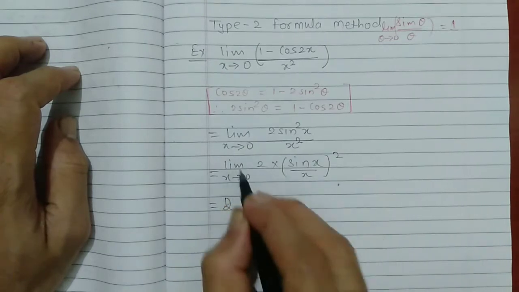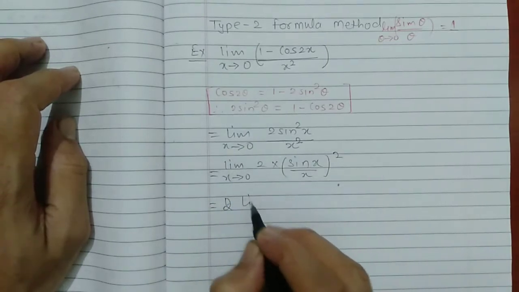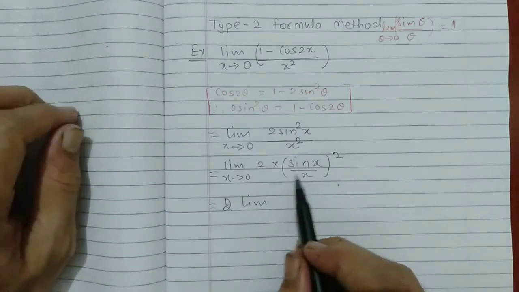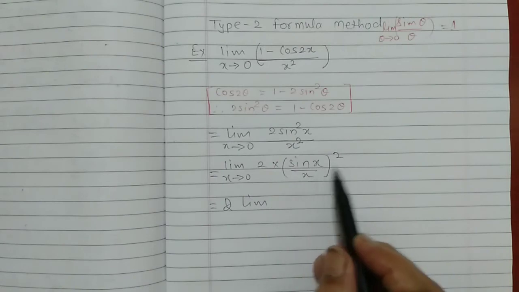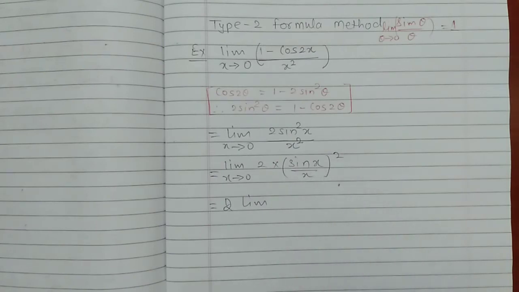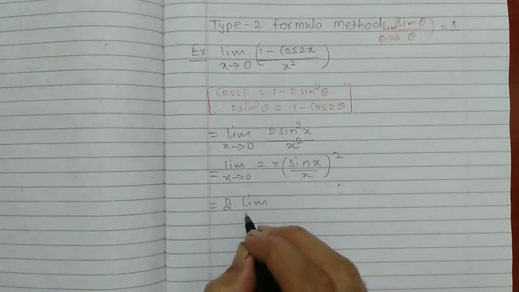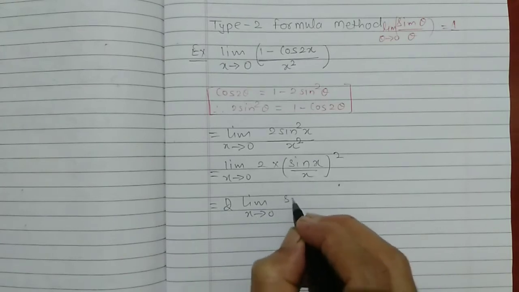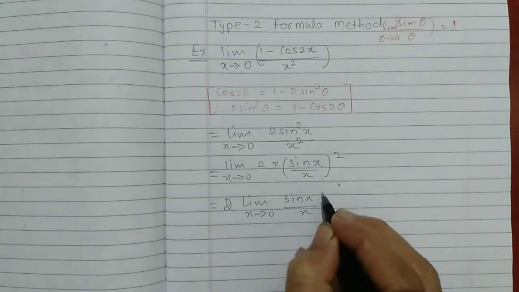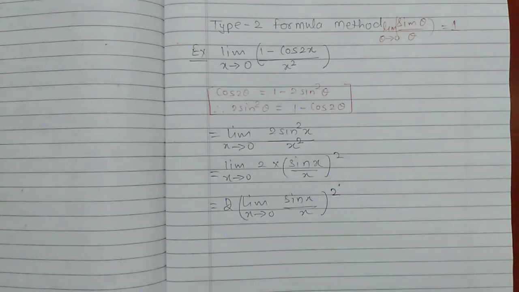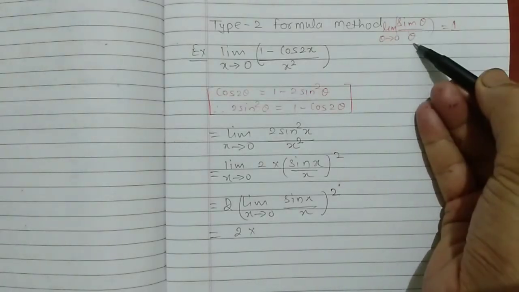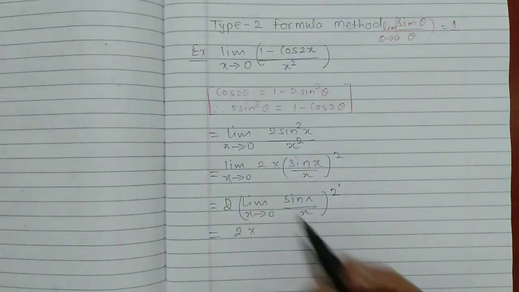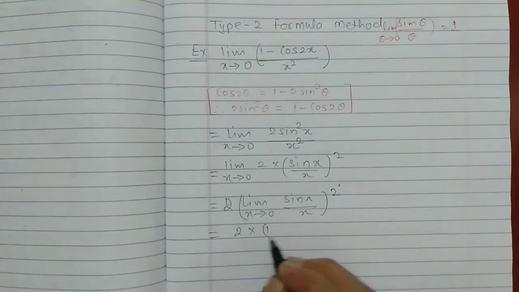Now this 2 is constant, we can take it outside the limit, and the limit can be inserted inside the function and the power remains the same. So this is the limit x tends to 0 sine x by x the whole square, which is equal to 2 into, now limit sine theta by theta is equal to 1, sine x by x is 1, so 1 square.